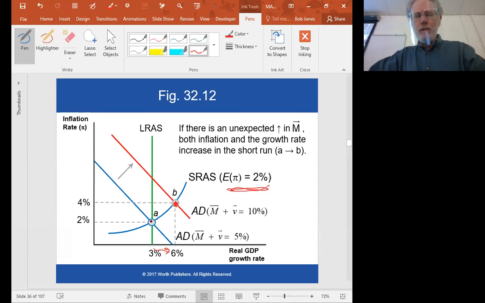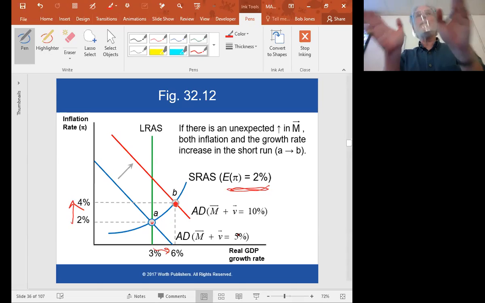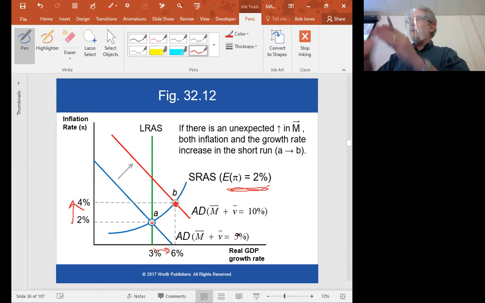We move from this point to this point. Notice what's happened. Because of the increase in actual inflation, we're getting an increase in the growth rate of real GDP. We're getting a positive link there.